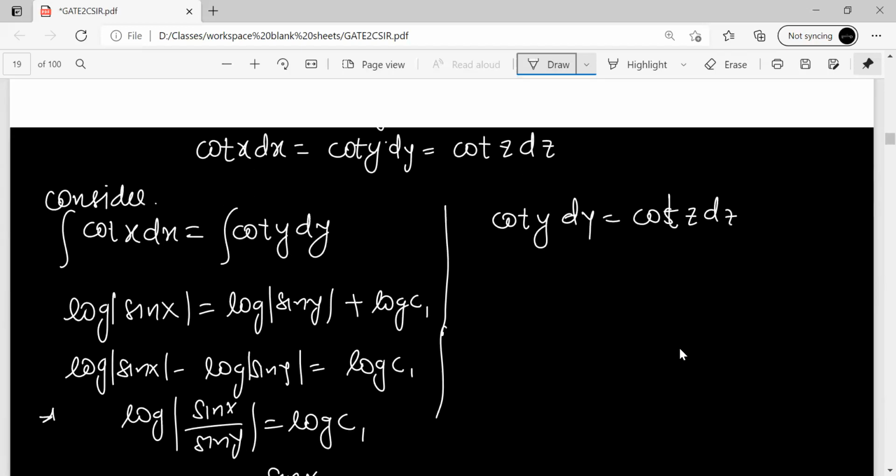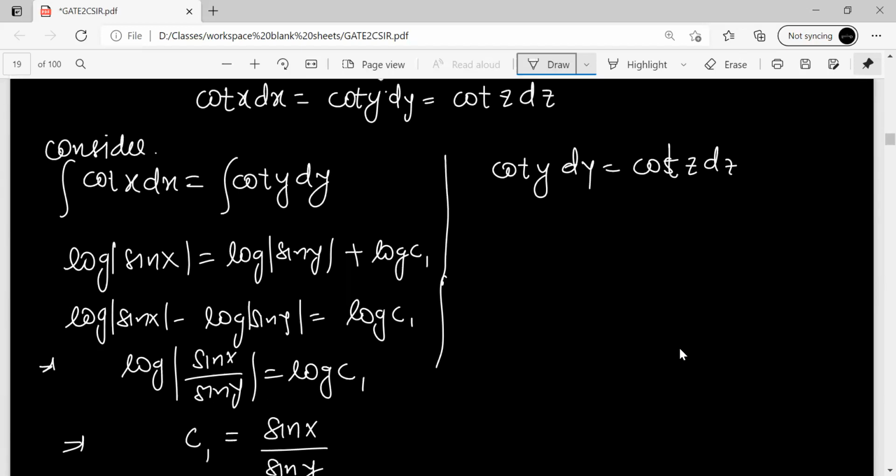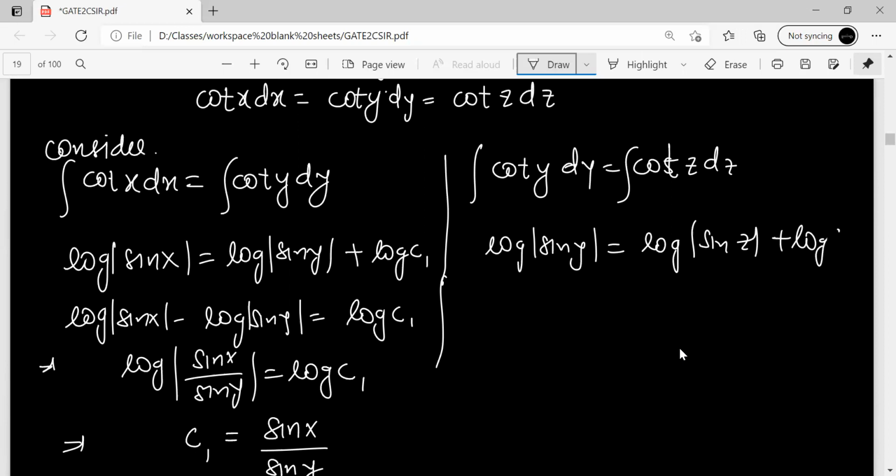So I got c1, and now similarly you integrate this quantity here. You get again log of sine y equals log of sine z plus, written, log c2.